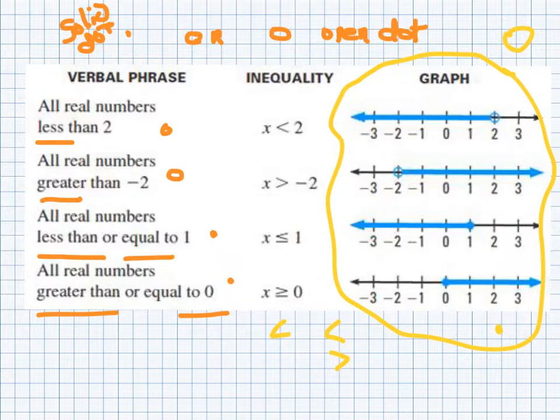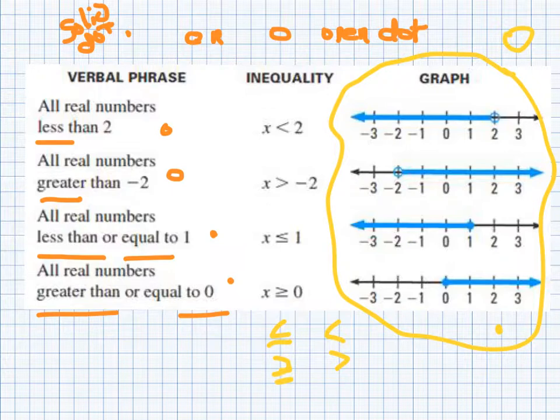I might have said that backwards when I drew it. A closed dot represents less than or equal to, greater than or equal to, so the closed dot includes both the inequality and equal to. An open dot is limited to just less than or greater than.